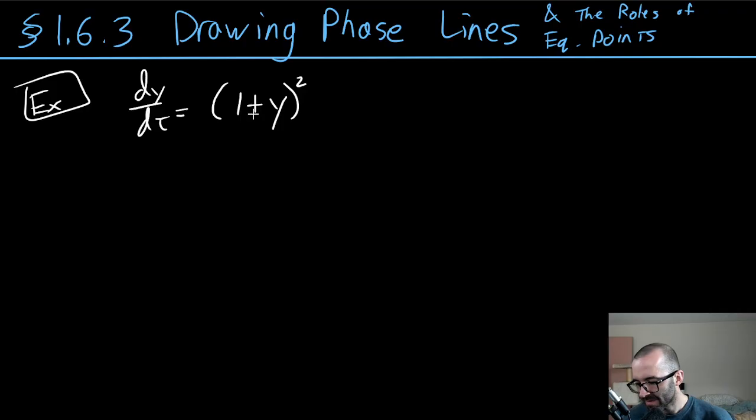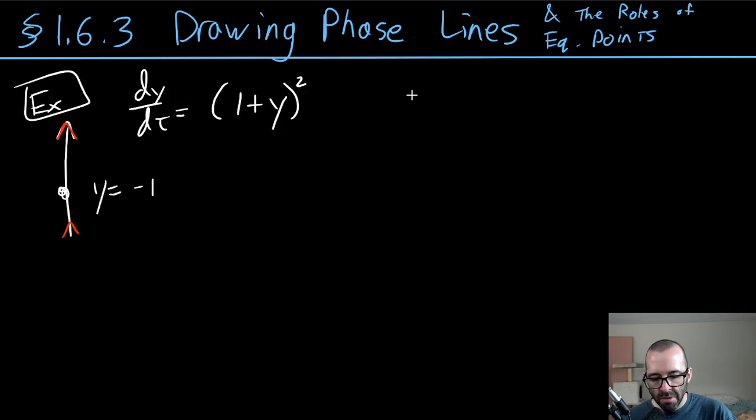All right. Now, if you actually sketch these, and I don't want to go through the whole effort of doing that, you can do that right now. You could pause the video and do it a bit, but when you create your phase line, you're going to get an equilibrium point at y equals -1. And then again, it's going to be increasing below and above here, which is fine.